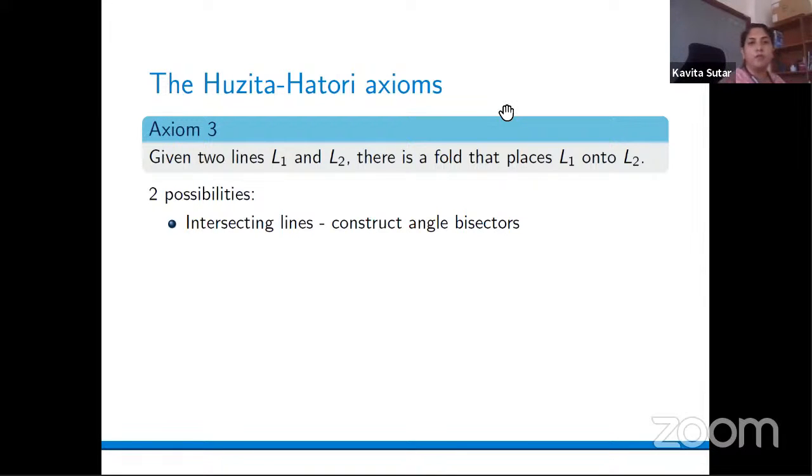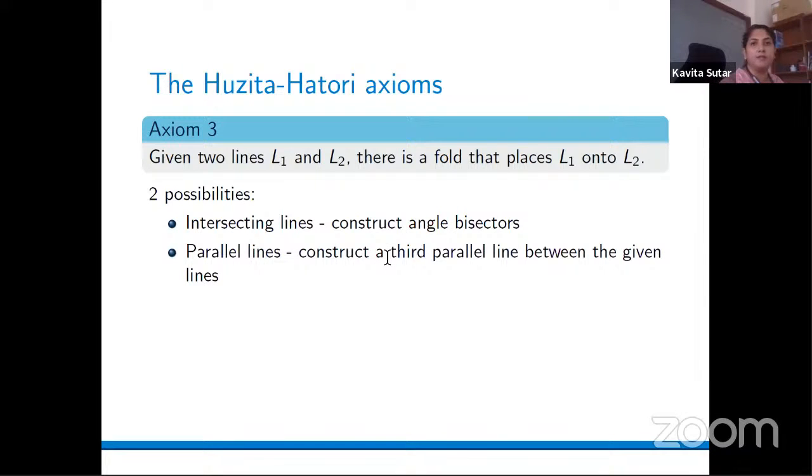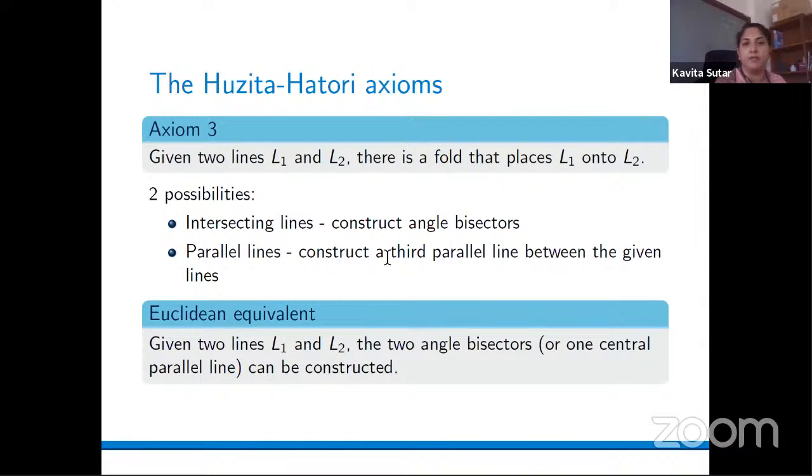So the two possibilities in this case are that you have intersecting lines, in which you construct angle bisectors, and parallel lines, in which you construct a third parallel line between the given lines. And what is the Euclidean equivalent of this? The Euclidean equivalent is simply that given two lines L1 and L2, the two angle bisectors or one central parallel line, depending on which case we are in, can be constructed.